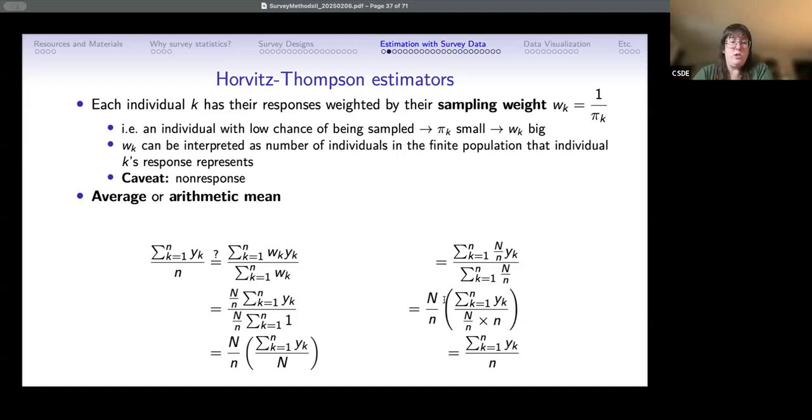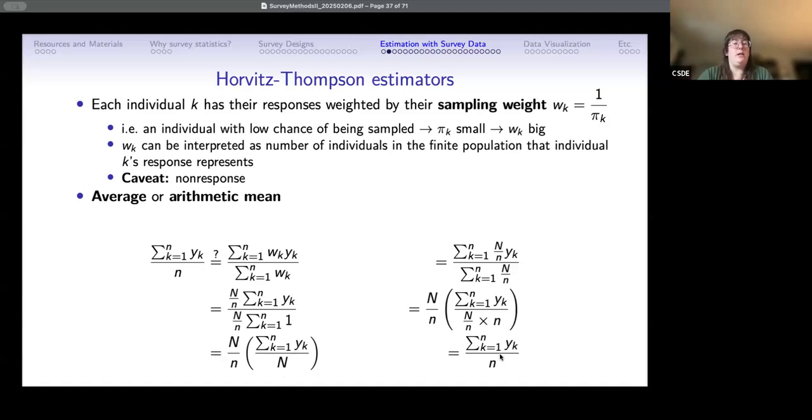So I am going to pull this guy in the numerator out front, and then in the denominator, I still have my N over n, and then my sum becomes n. Well, those are going to cancel, right? This little n and that big N, which is going to leave me with the big N over little n out here and a big N here. Those are going to cancel, and I get the arithmetic mean.